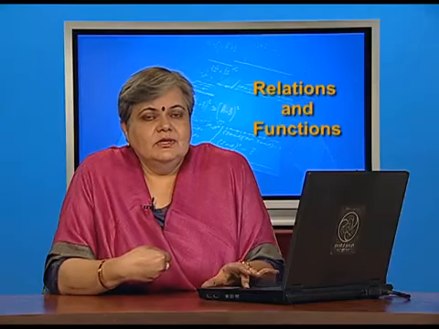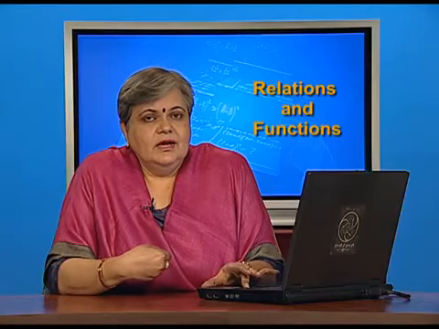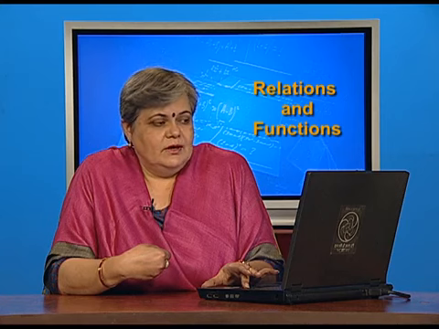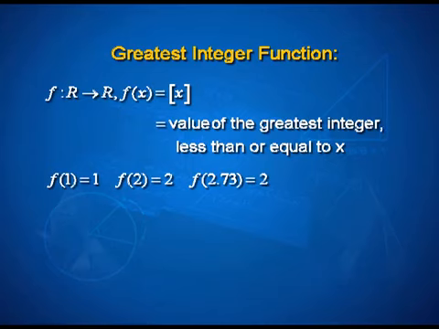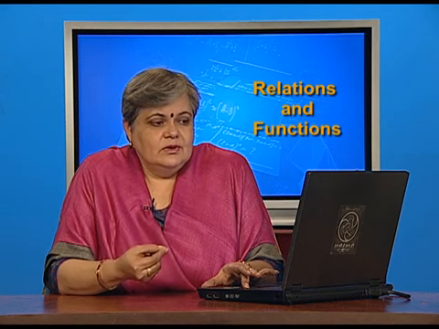Greatest integer function is again one of the very significant functions, and something very unusual here. It is defined to be the value of the greatest integer less than or equal to x. So, if I ask you to find what is f of 2 and then f of 2.73, they both take the value 2. Greatest integer less than or equal to 2.73 is 2.